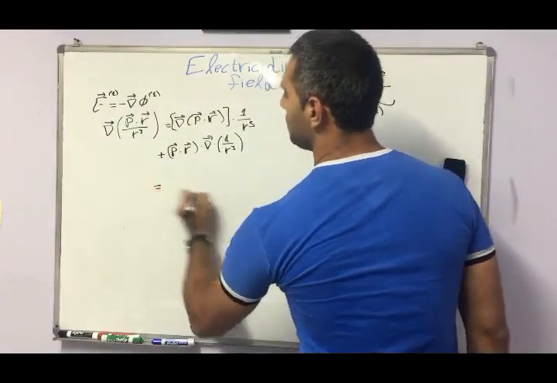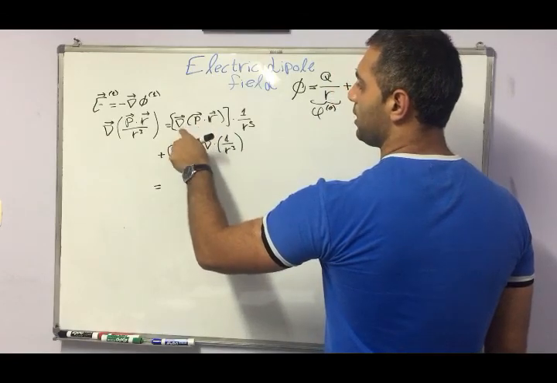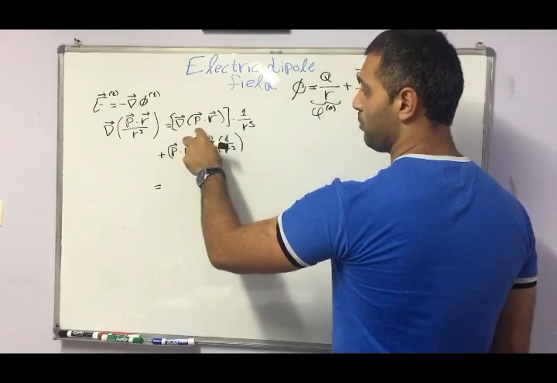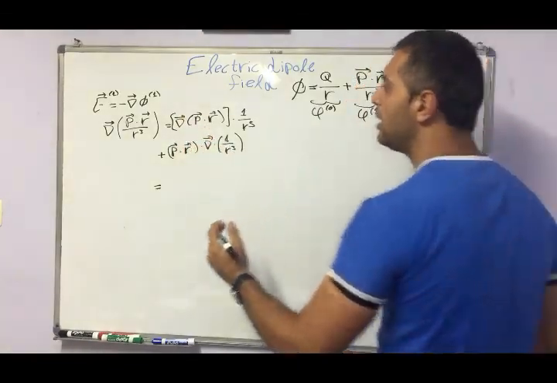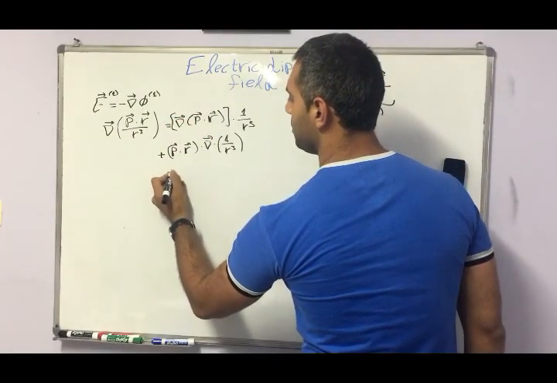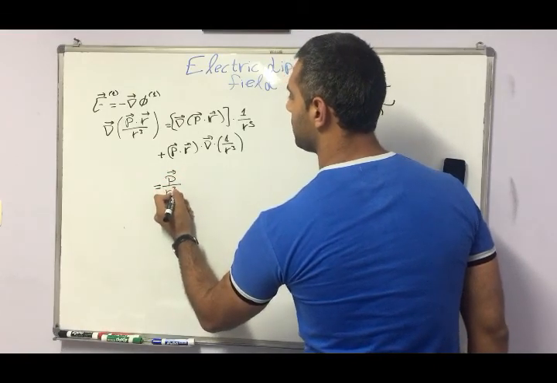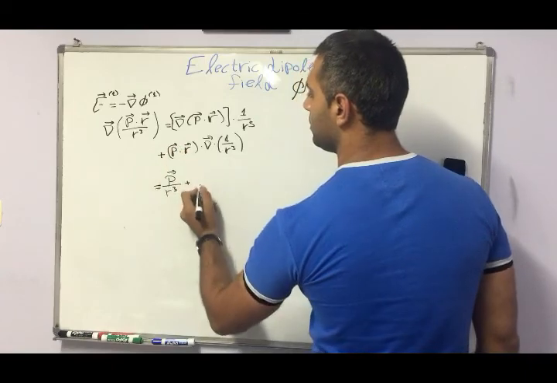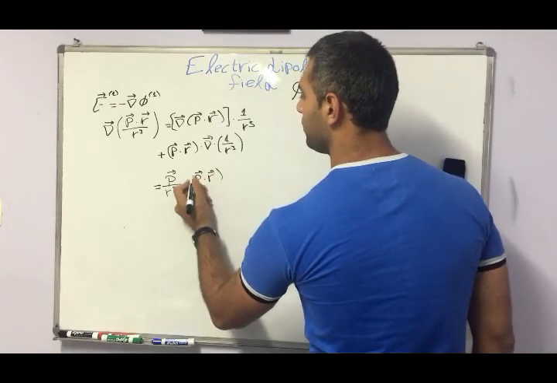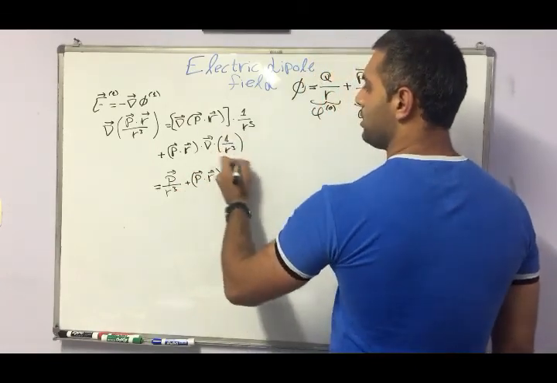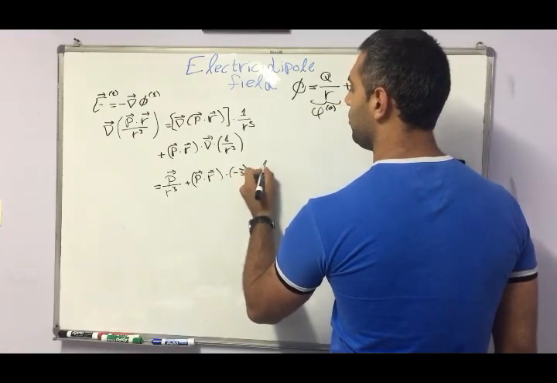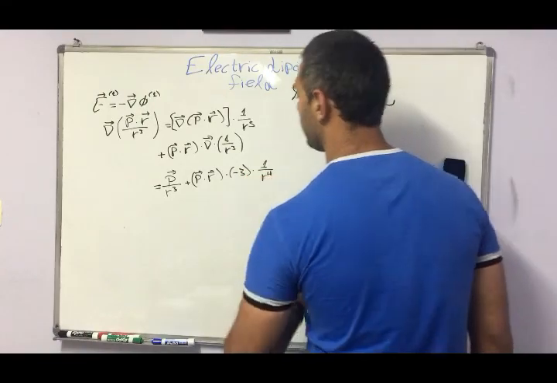And it's actually equal to the derivative here by r, not by r tag, so the dipole moment is just like a constant, and we can write it as p over r cubed plus p dot r dot this derivative, it's only minus 3 times 1 over r to the 4.